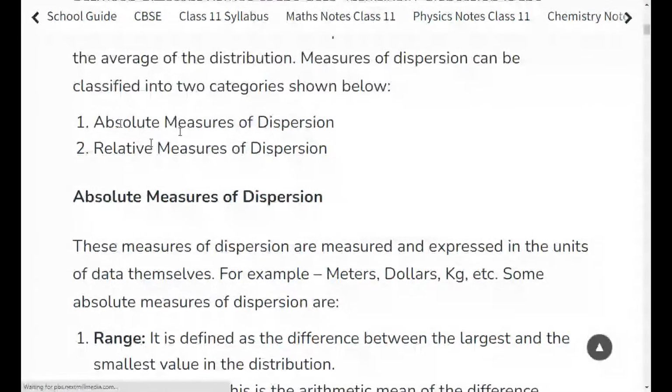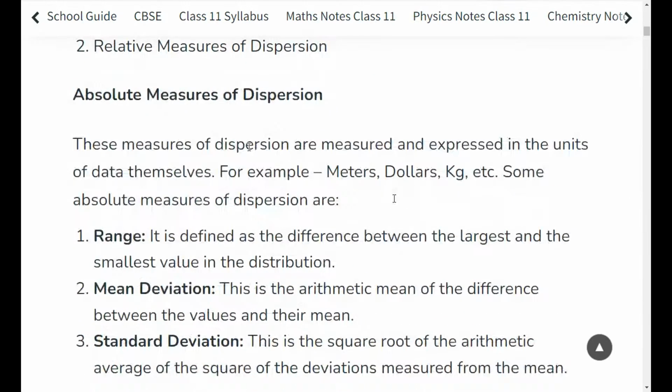Absolute and relative, two keywords you can see here. I hope all of you understand the meaning of absolute and relative. Absolute is the actual value, and relative is the value which is measured in reference to the other value. All right.